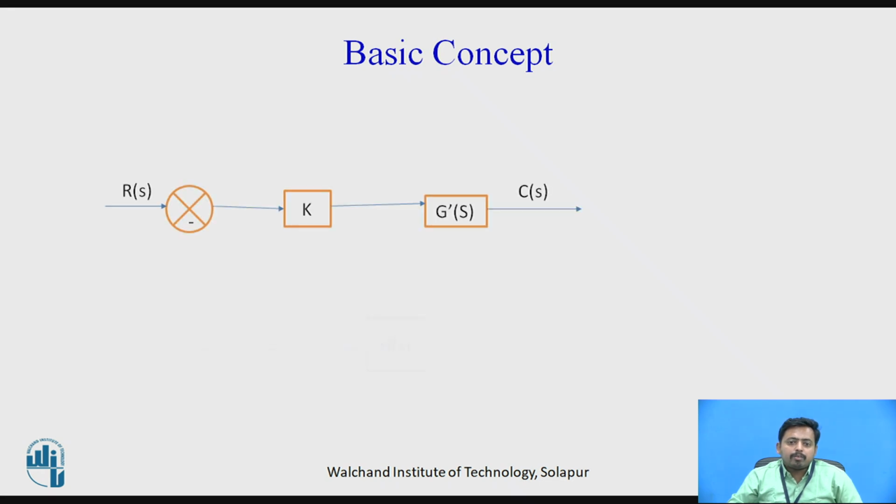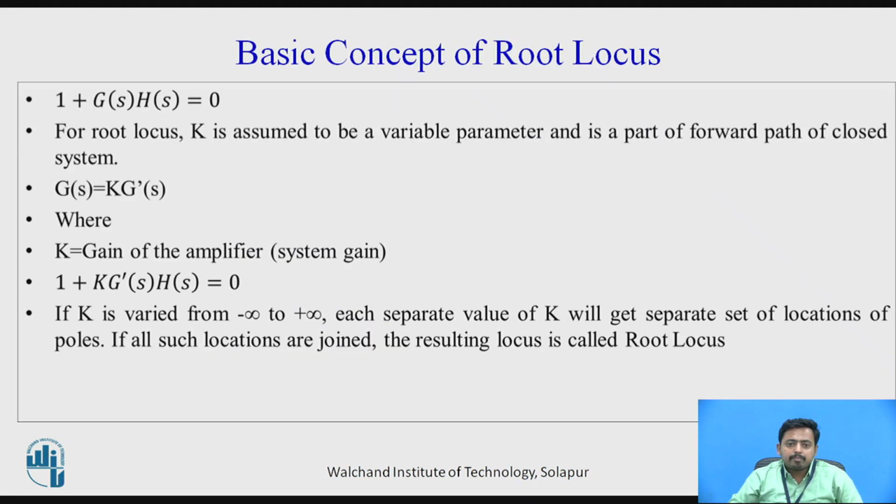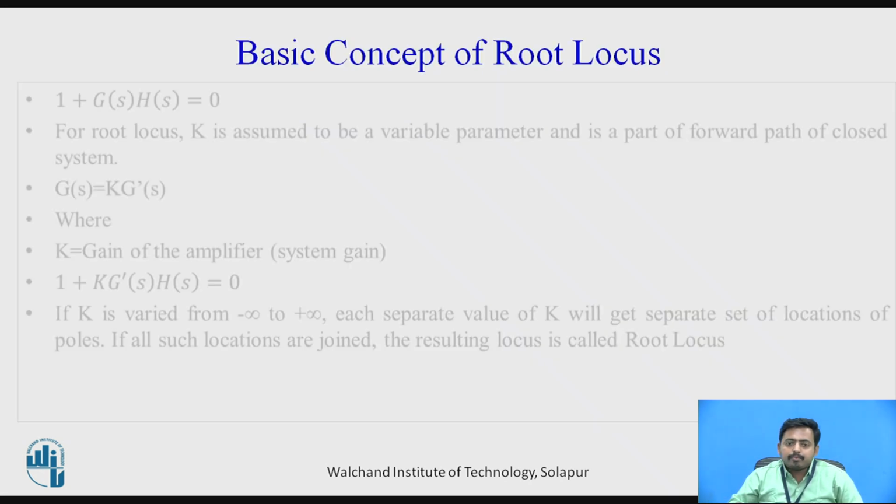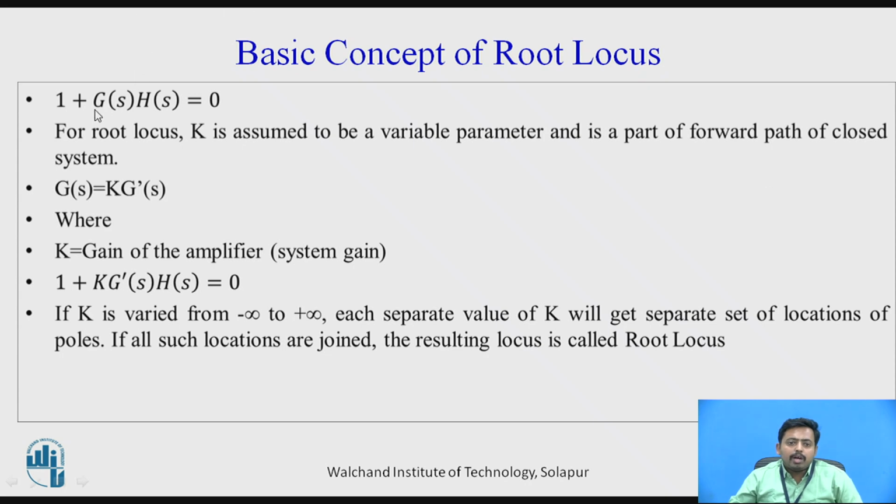So, this is a closed loop system. The input is R of S, that is the Laplace transform of the input, and the output is C of S. This is the transfer function with the controller gain K that we are going to vary from 0 to infinity, and this is the feedback taken from the output in terms of H of S. The characteristic equation obtained is 1 plus G of S into H of S equal to 0.